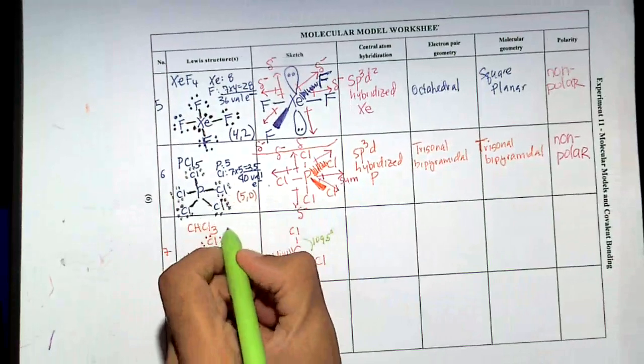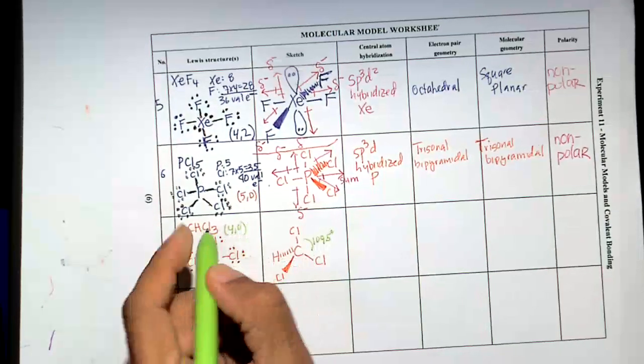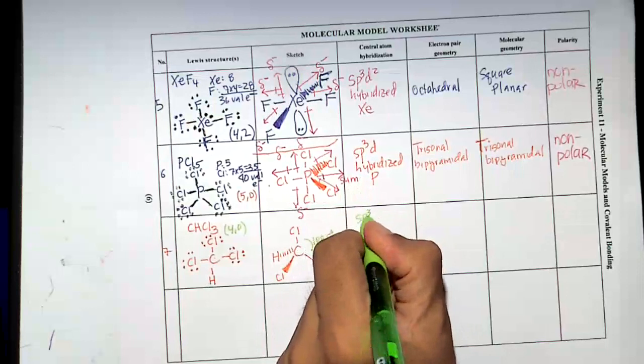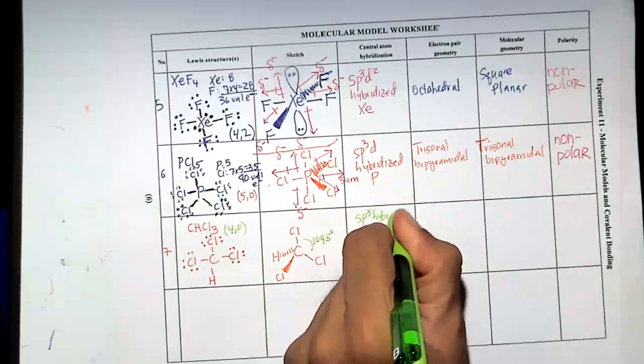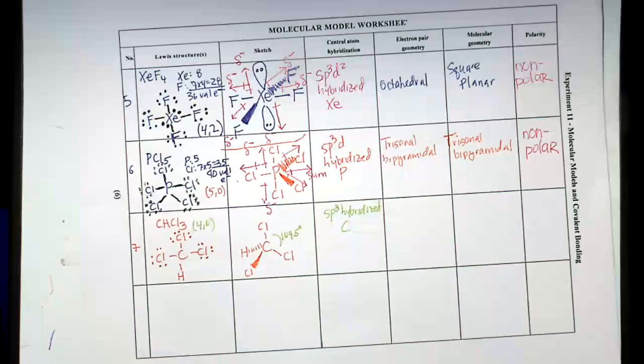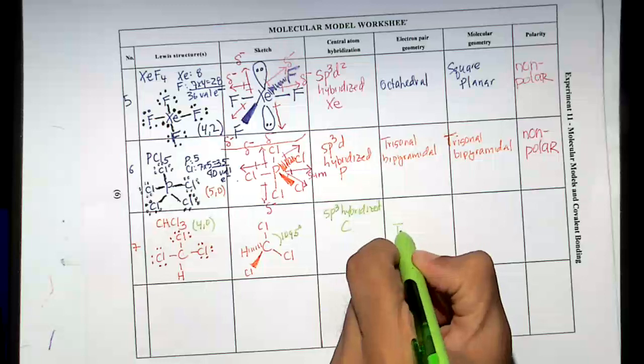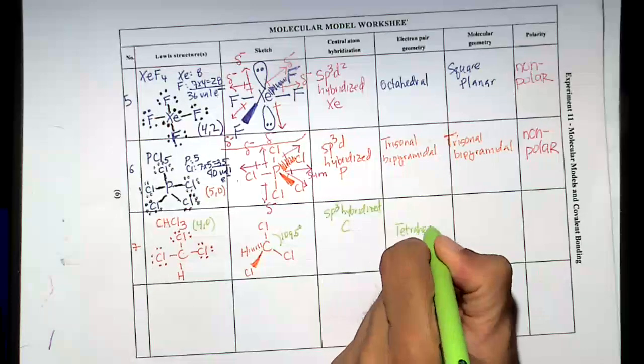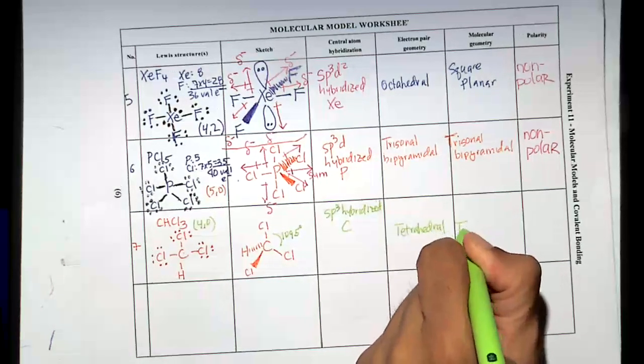What's the central hybridization for something that's 4 and 0? This is an sp3 hybridized carbon. And what's the electron pair geometry and molecular geometry, since there are no lone pairs? Tetrahedral, good.